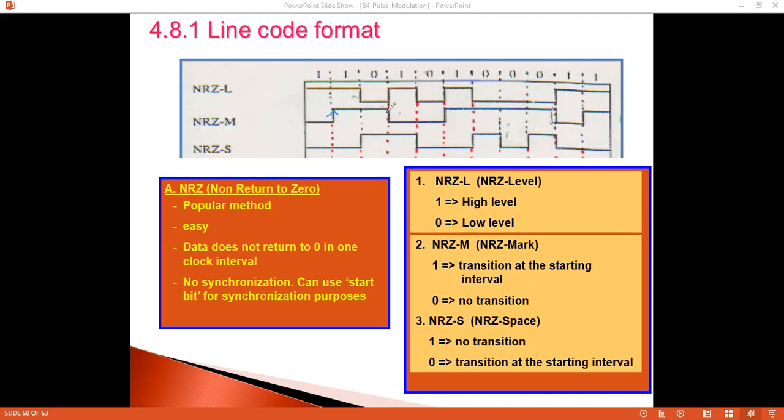Then bit 0, no transition. Another bit 1, transition. Bit 0, no transition, and so on. NRZ-S, space, is the opposite of NRZ-M. For 1, no transition. For 0, there's a transition. And then 1, no transition, 0, transition.